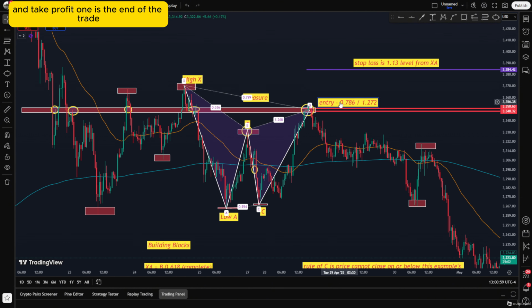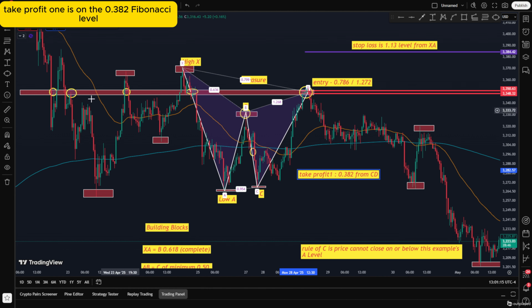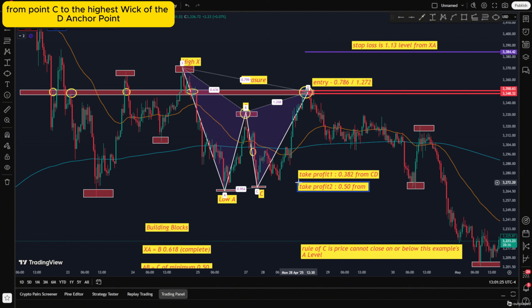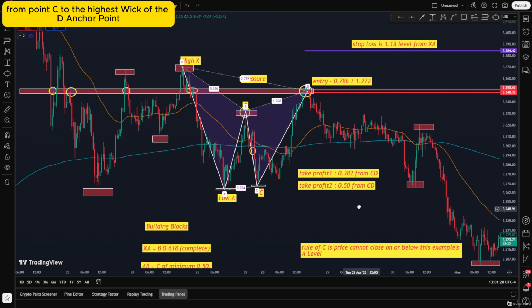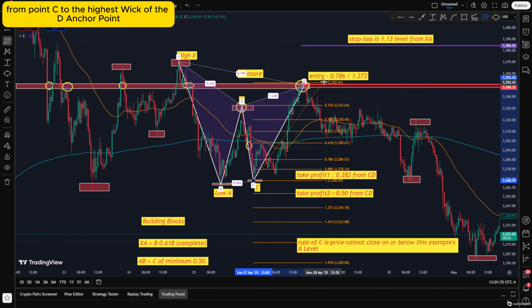To finish up on this pattern, we now need to know when to get out for profit. Take profit 1 is on the 0.382 Fibonacci level, and it's given to you by taking your regular Fibonacci tool from point C to the highest wick of the D anchor point.